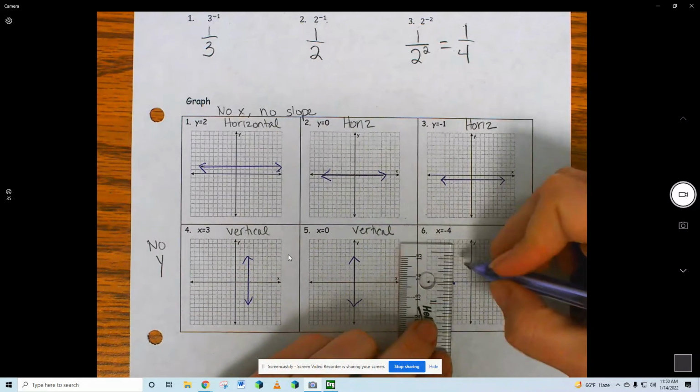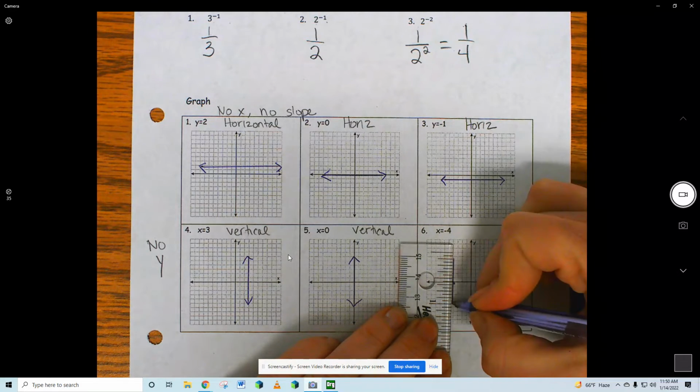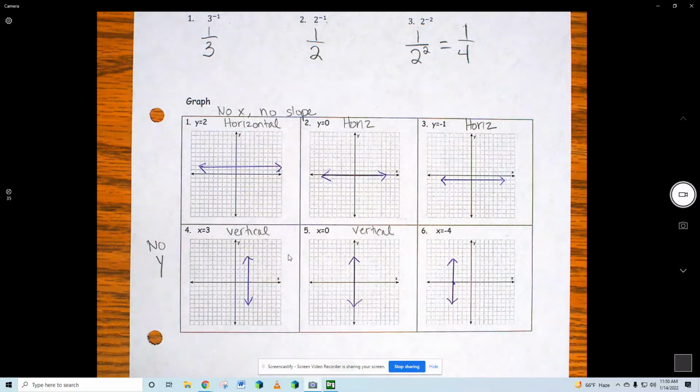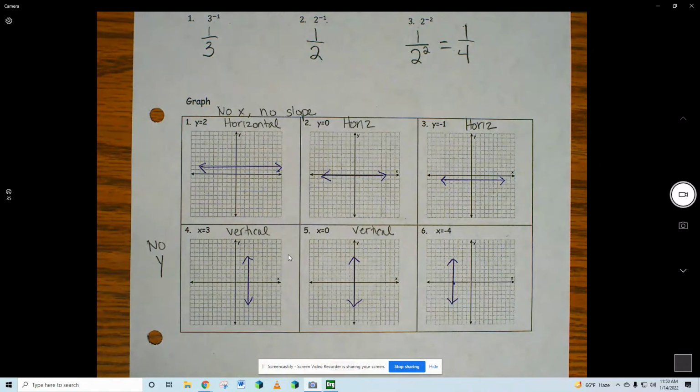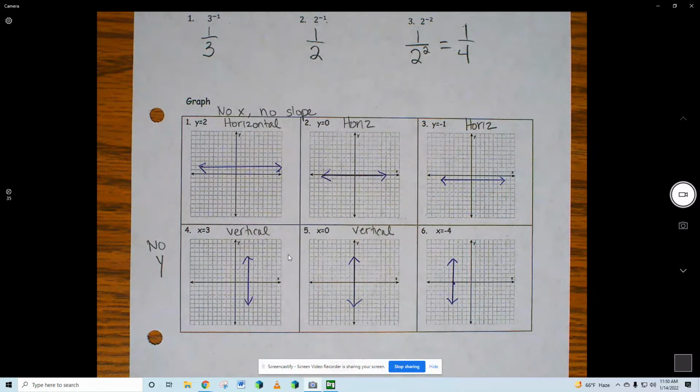At the x-axis, go to -4. Make a line up and down. So, we graphed these back in the earlier chapter. We have done vertical and horizontal lines, but here's a recap.